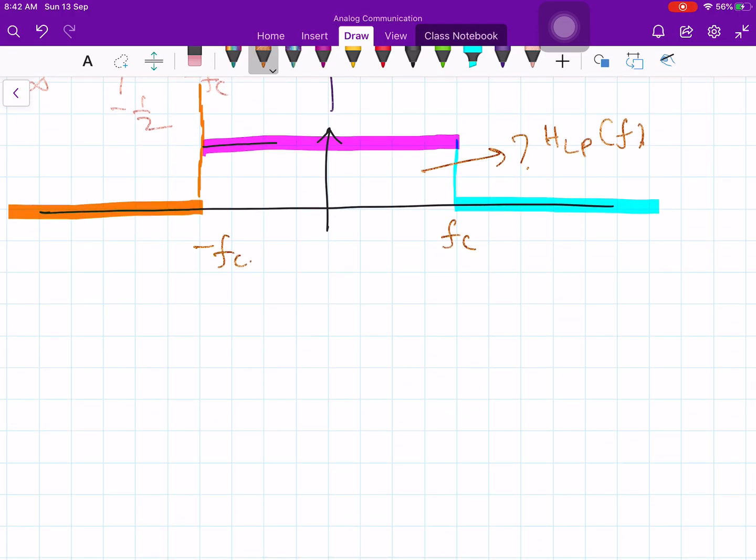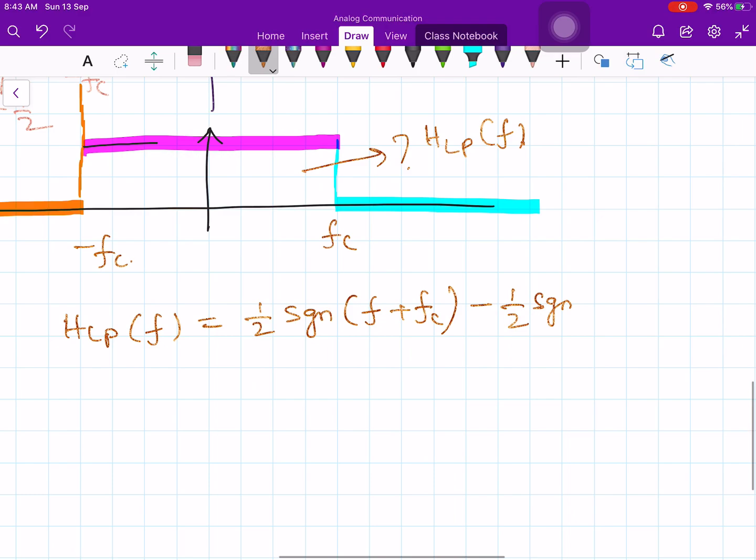Therefore, I can write HLP of F is equal to 1 by 2 signum of F plus Fc, advanced one, minus 1 by 2 signum of the delayed version, F minus Fc.